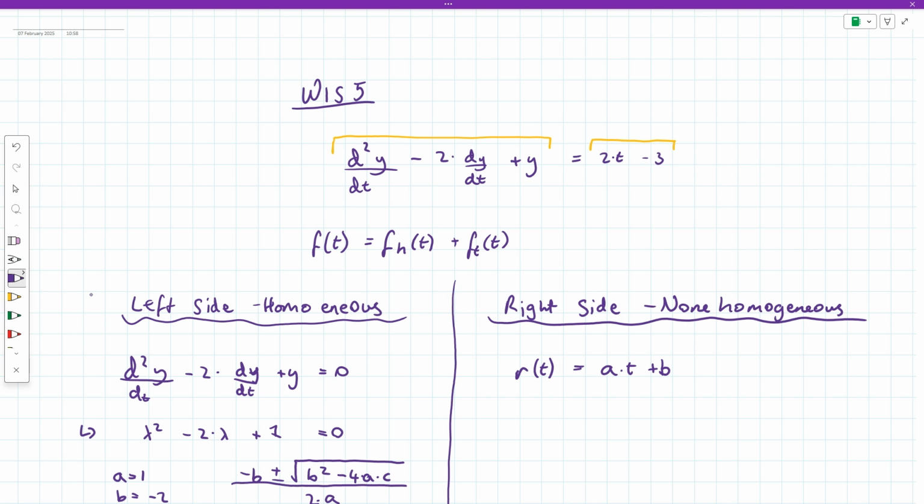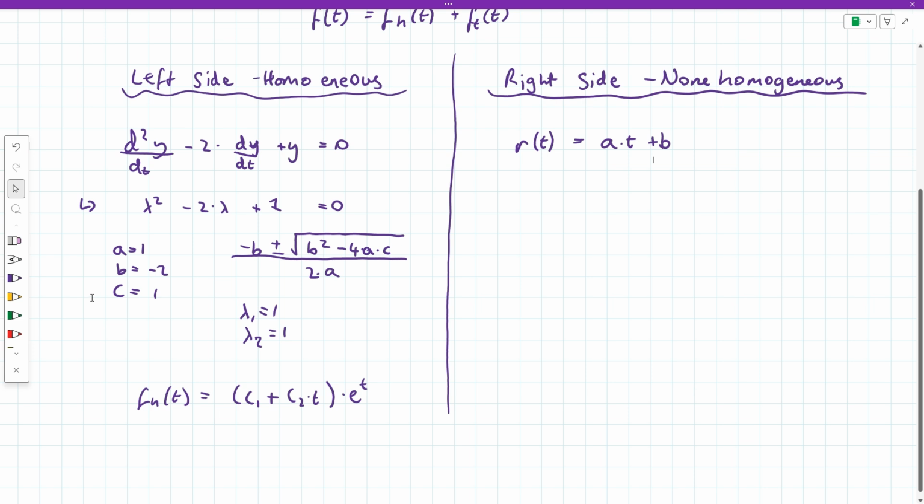What I need to do is substitute r of t as if it were y. That's how I know that they're going to be equal. But I have y in several forms: as a normal form, as the first differential, and as a second differential. So I need to calculate what those values are. First I'm going to differentiate it once, and that equals a, because we're differentiating with respect to t, which means that b goes to 0.